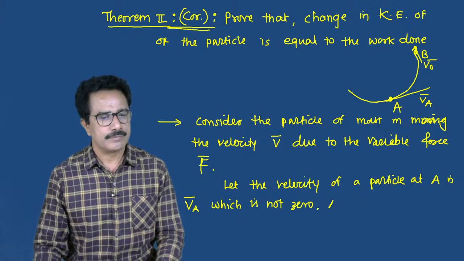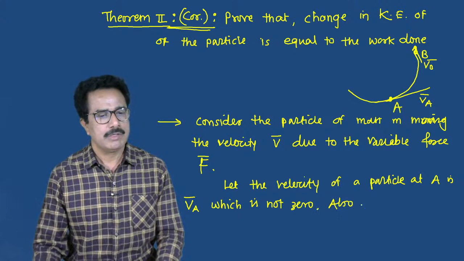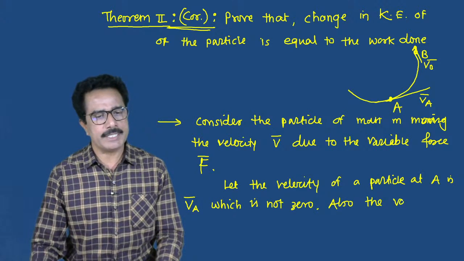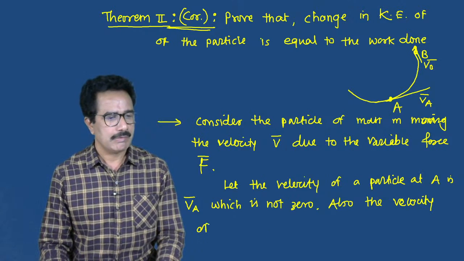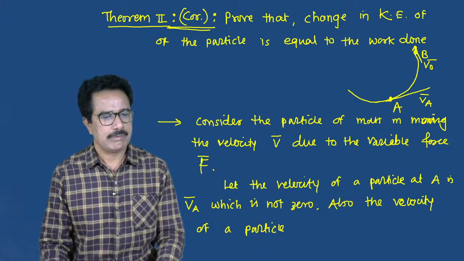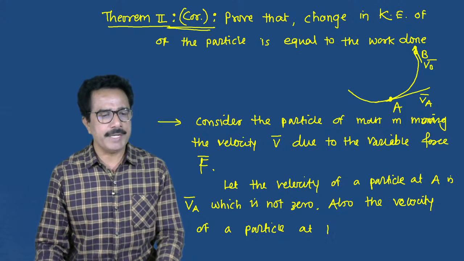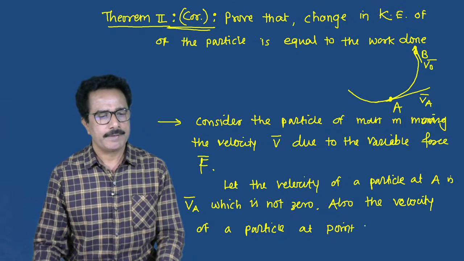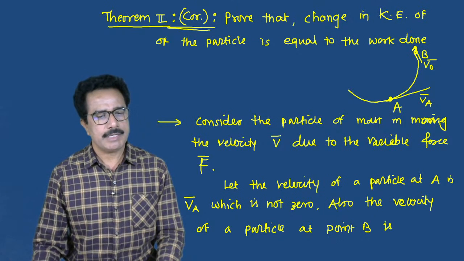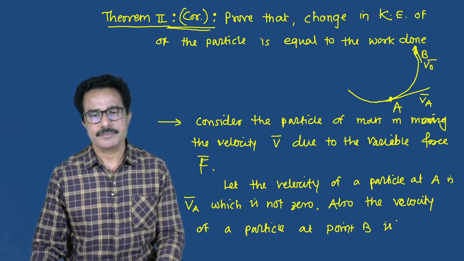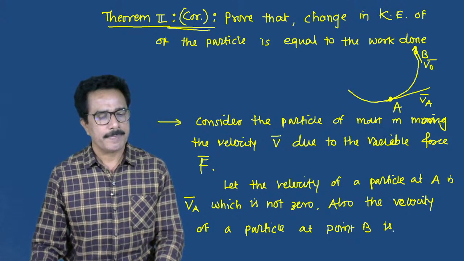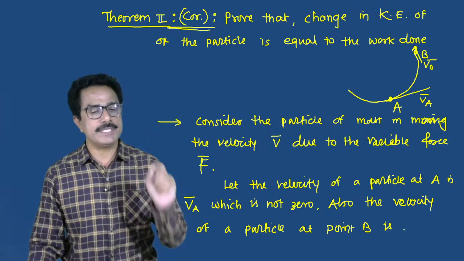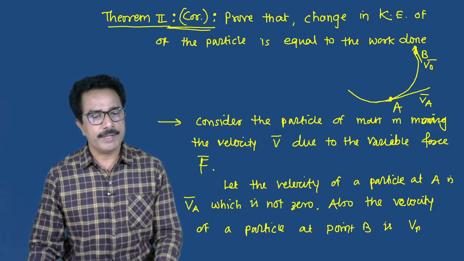Also, the velocity of a particle at point B is VB bar.